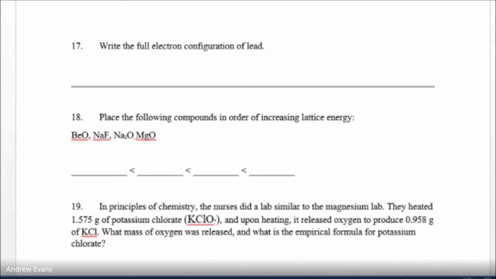Lattice energy problem. This one's actually, if you understand the concept, it's not hard. Let's write these guys down. Step 1 is looking at the charge of the cation and the charge of the anion. Step 2 is then comparing the size of the two. So charge comes first, then comes size.